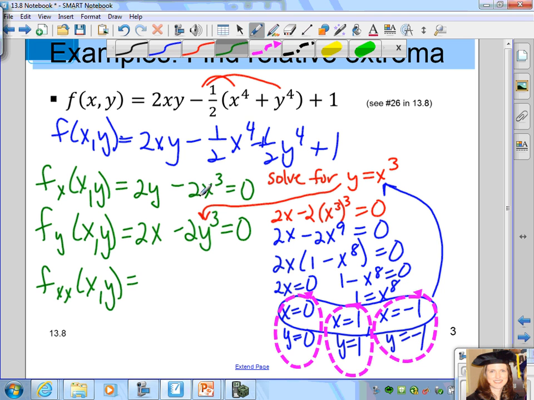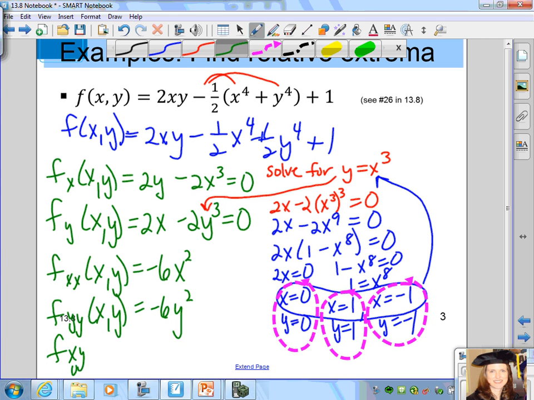Go back to the first partial with respect to x and take the derivative of that, and you're going to get negative 6x squared. Take the partial with respect to y and y again. Treat y as a variable and we get negative 6y squared. And find the mixed partial f sub xy.